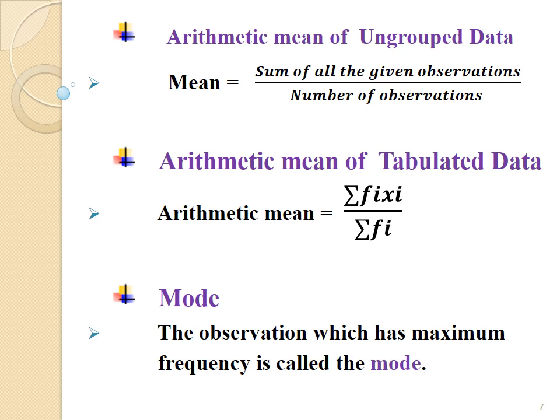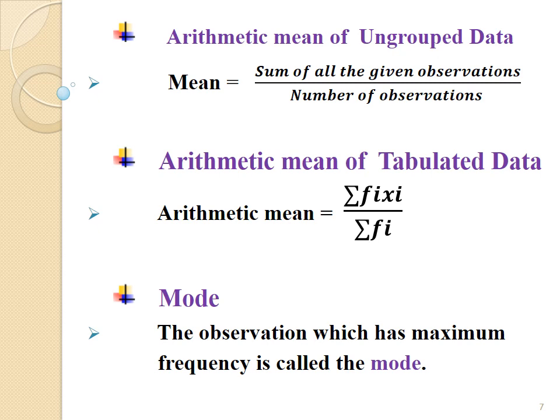The mean of some given observations is defined as mean equals sum of the given observations upon number of observations. Arithmetic mean of tabulated data. Arithmetic mean, or simply the mean, equals sigma fi xi upon sigma fi.